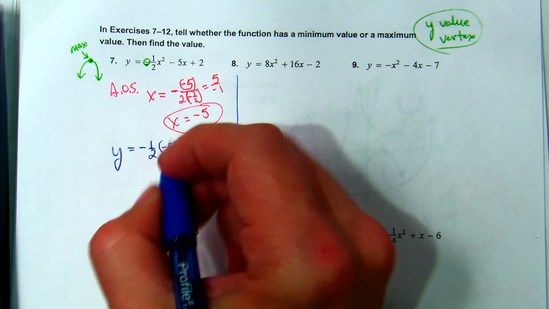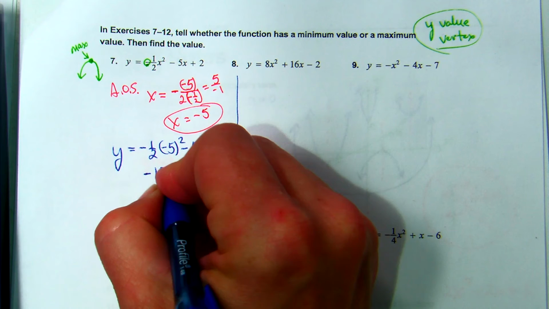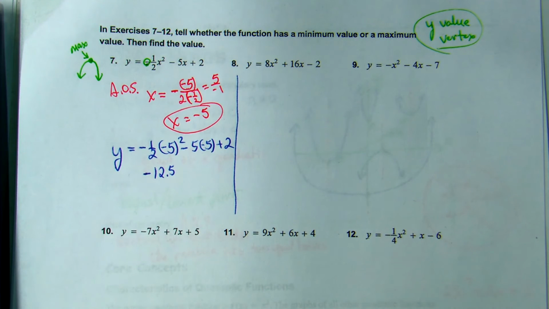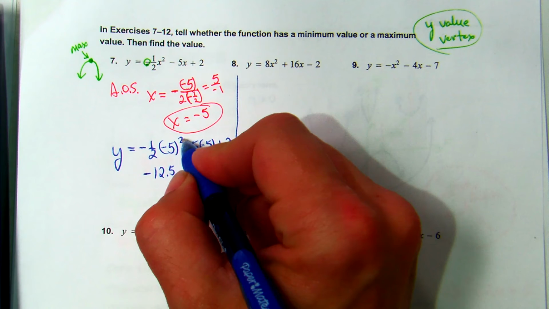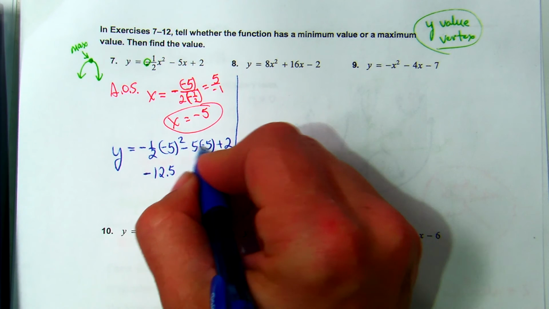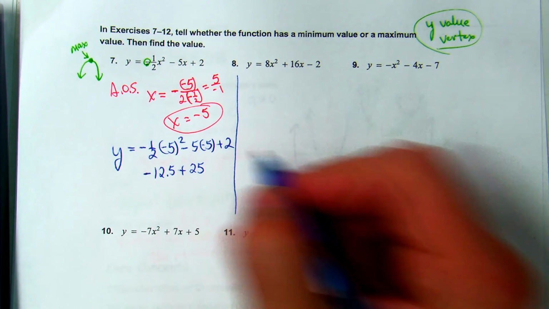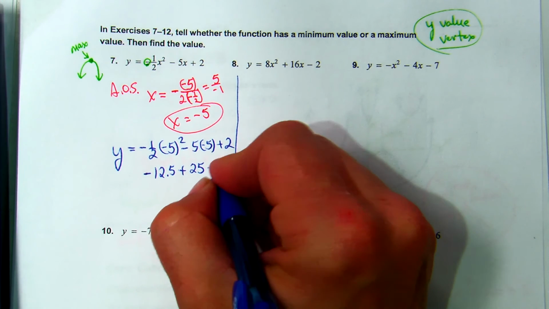Negative 1/2 of that is going to be negative 12.5, in decimal form. So I had 25, I took half of that, and I get negative 12.5. This is going to be a positive 25, negative 5 times negative 5. And then we have a positive 2.